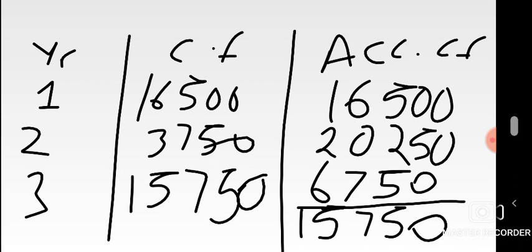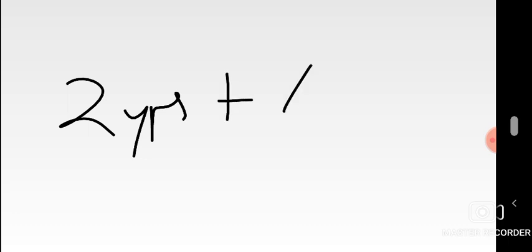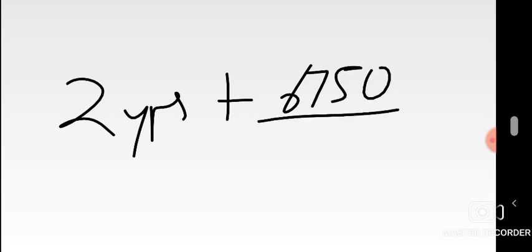So far it has shown us that when we're on 2 years, we reached that 20,000. So we get to realize that's 2 years, which gave us that 20,250, plus there was a remainder of 6,750, which we did not yet know exactly which time period it's dropping in.